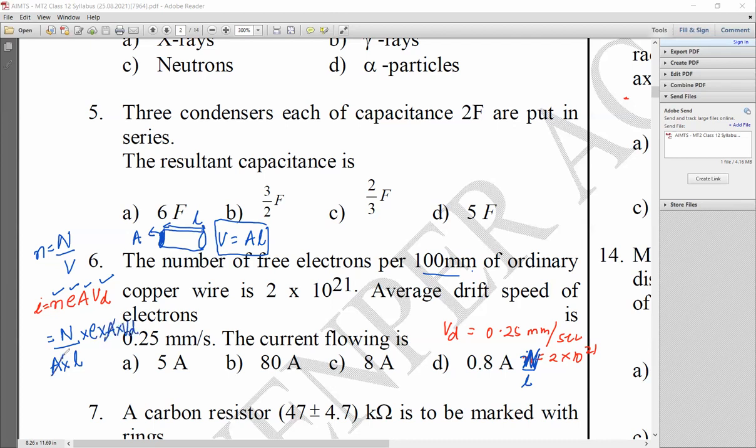A will get cancelled. N by L is already given, 2 into 10 power 21. E is 1.6 into 10 power minus 19. Drift velocity is already given, 0.25 millimeter per second. Clear? Yes. Next, coming to the seventh question.